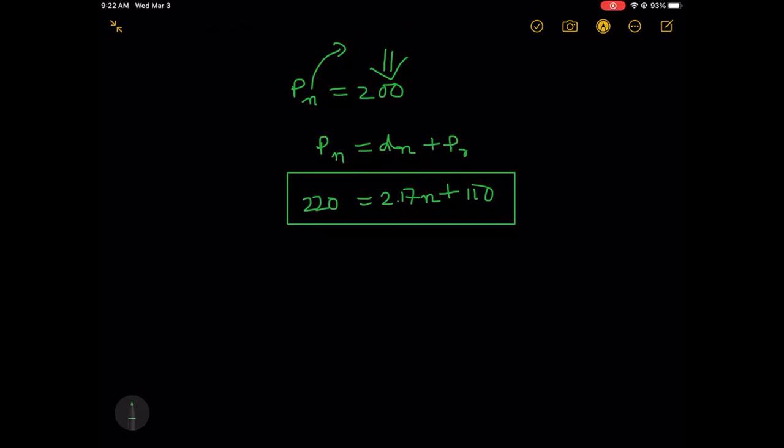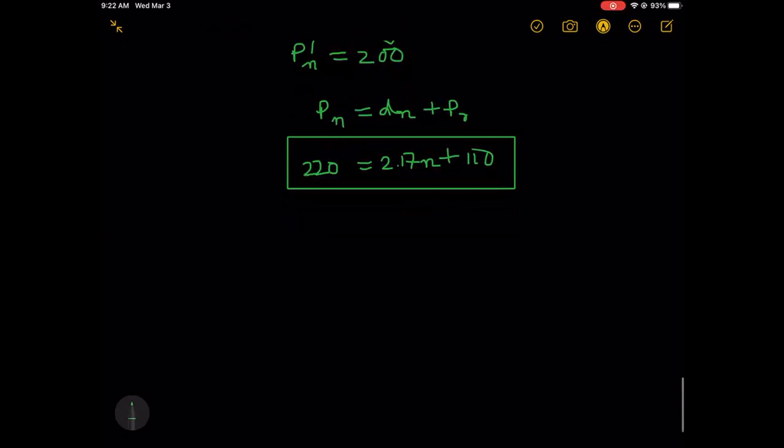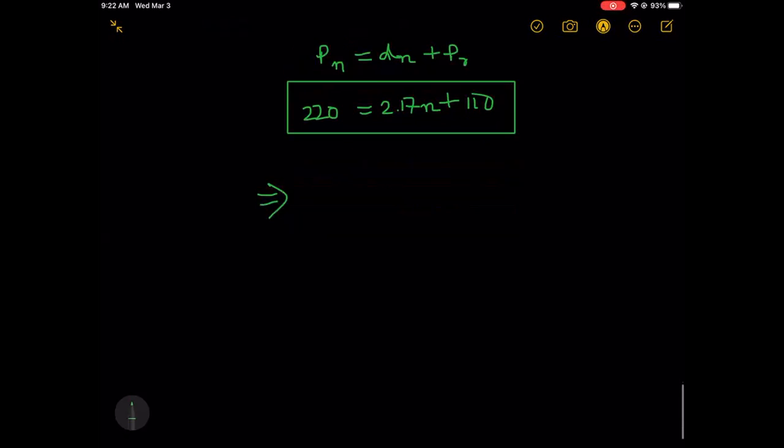Fortunately, we have seen problems like this in the problem solving part. If you remember, if you have one unknown variable, one unknown value which you are looking for, you can isolate that. So I'll first isolate the entire part. 2.17 times N will be 220 minus 110. I've just changed sides, so it has become minus 110.